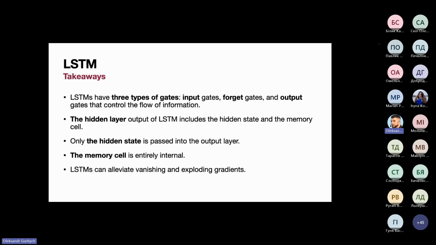Takeaways. LSTMs have three types of gates: input gates, forget gates, and output gates that control the flow of information. They decide what to update, what to forget, and what to output. The hidden layer output of LSTM includes the hidden state H and memory cell C. Only the hidden state is passed to the output layer.